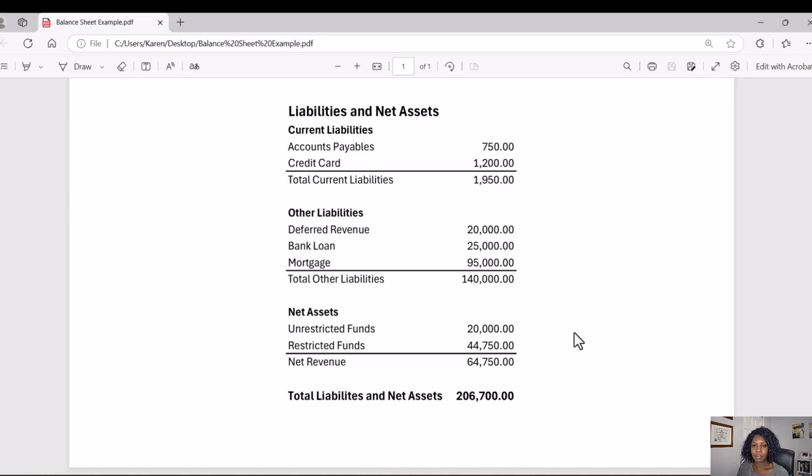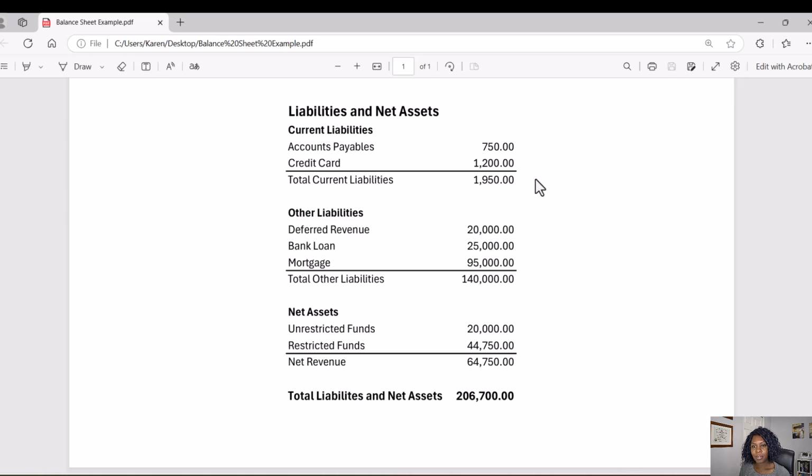some type of restriction on those funds, and if you have a lot of restricted funding, you may have to create a separate spreadsheet to list all of those restricted funds. But they're dedicated for a specific use. And so now you have your net revenue, and in this case it's $64,750.